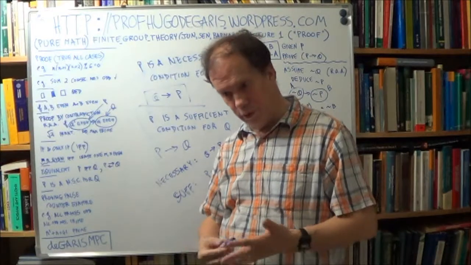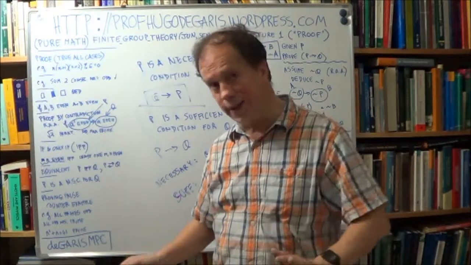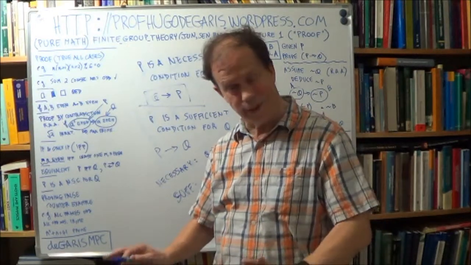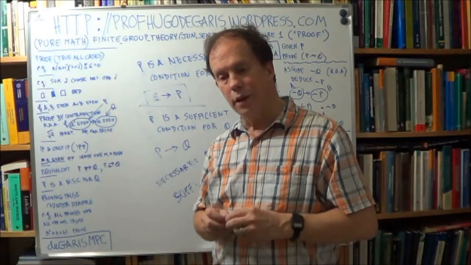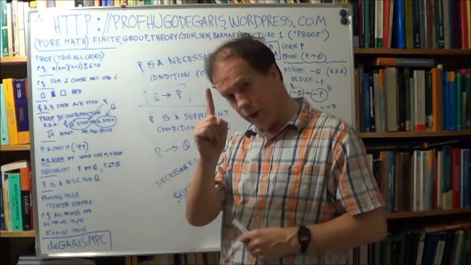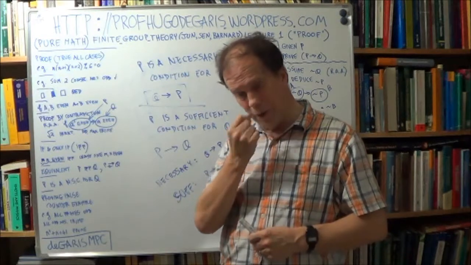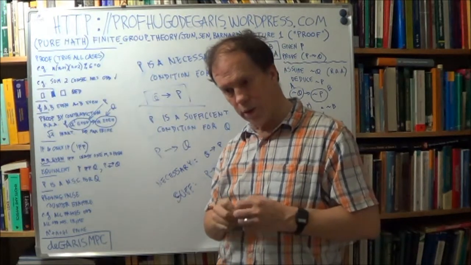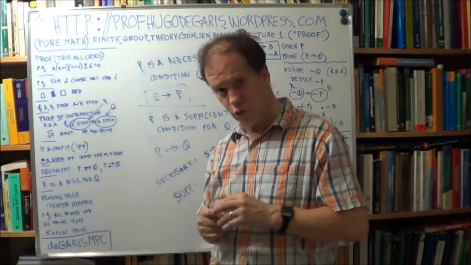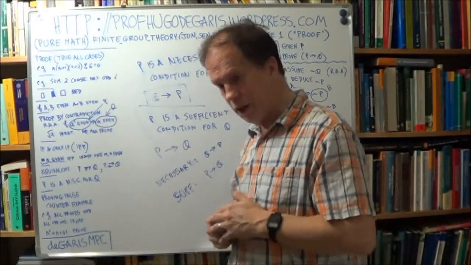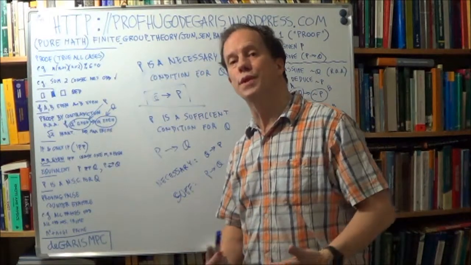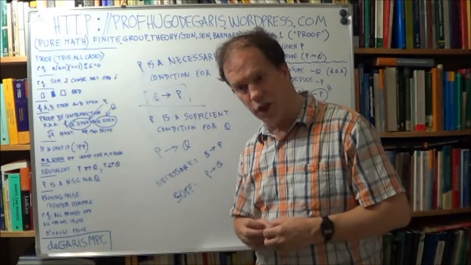In a proof, you have to show that something is true for all cases, right? You have to cover all bases. Now, to prove that something is false, all you have to do is find one counterexample, one example where the thing you're trying to prove is not true. And that counterexample disproves your hypothesis, your conjecture.